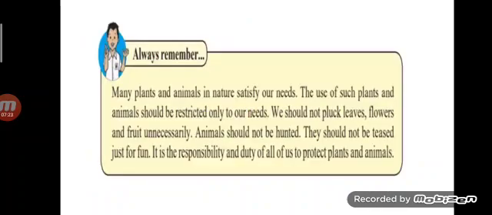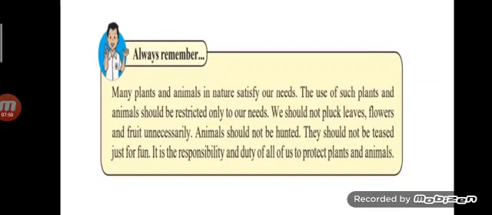Now we should always remember that many plants and animals in nature satisfy our needs, isn't it? We just learned about it, how plants are useful to us, how some of the animals are useful to us. So, the use of such plants and animals should be restricted only to our needs.